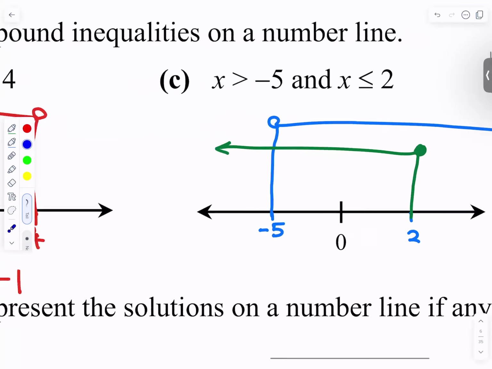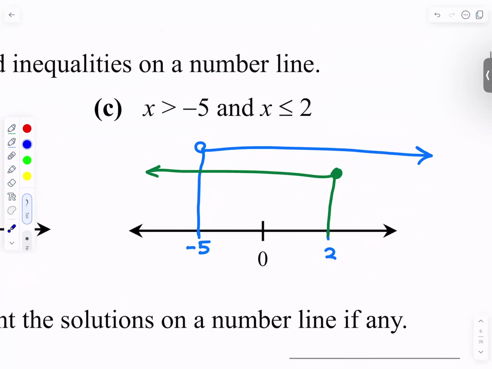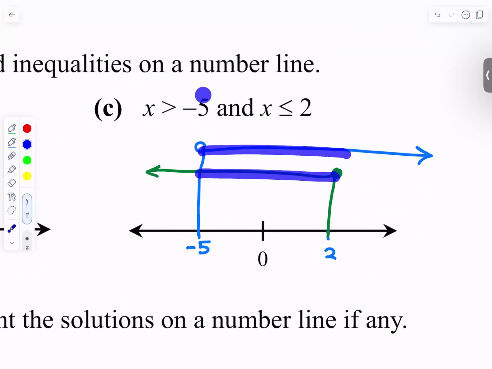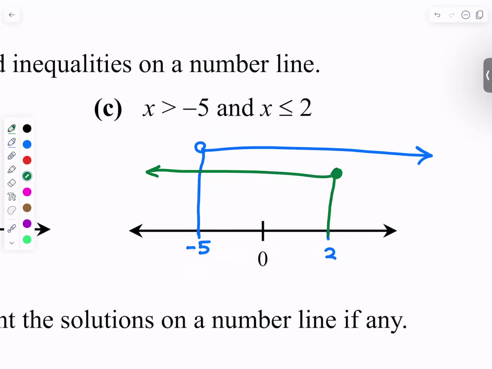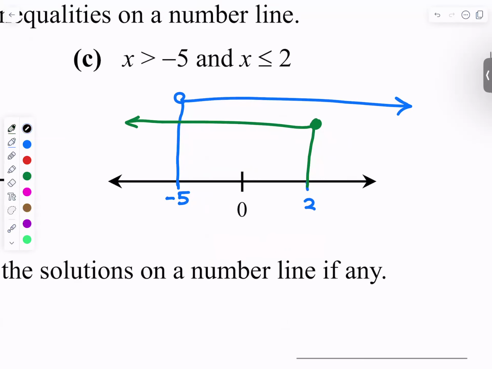Where is the point that they both are together? Here and here only. So this is between -5 and 2. Between these two, they are together. So our final answer is that x lies between -5 and 2.